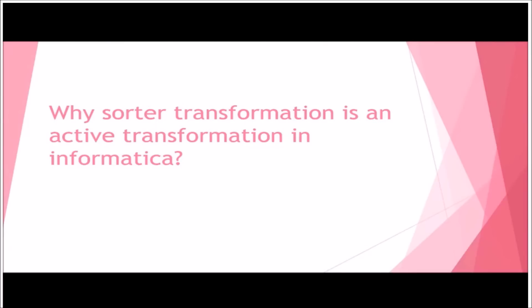Now I'm going to explain a most frequently asked question in Informatica interviews, that is, why is the sorter transformation an active transformation? Before that, you have to know what a passive transformation and an active transformation are in Informatica.